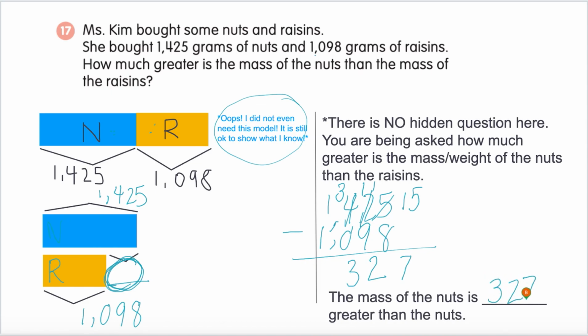That leads me to know that 1,425 grams of nuts minus 1,098 grams of raisins, the difference between those two amounts is 327 grams.